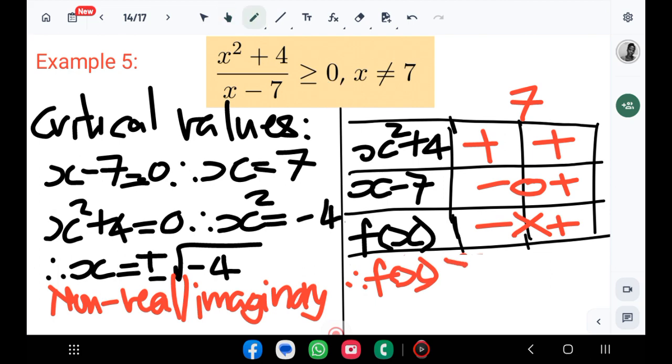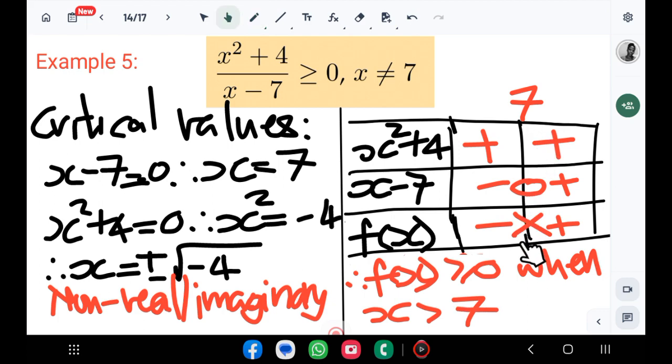It's never 0, by the way. When is it positive? Because the 0 part falls away, as it's undefined there. It's positive, in other words greater than 0, when x is greater than 7, not including 7, because at 7 it becomes undefined. And that is the solution.